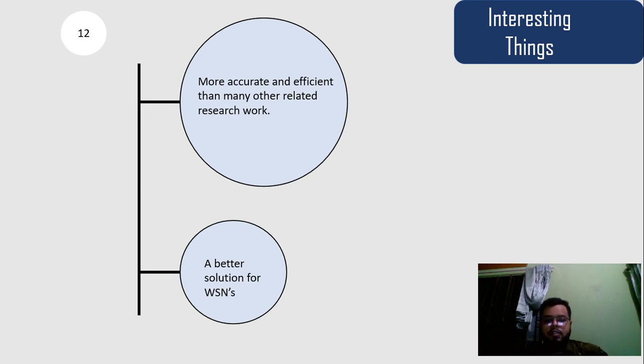And a better solution for WSNs, wireless sensor networks. Actually, software-based wireless sensor networks are very important, and they will rule the world in the next few years. So we need to prepare for this, and more works will follow after that, surely.